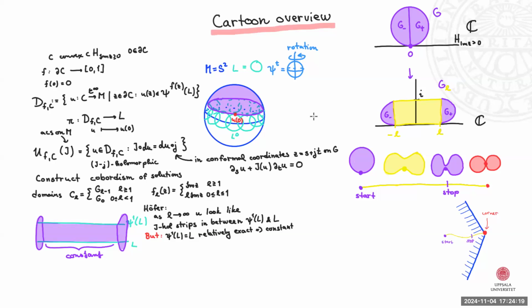Imagine that your symplectic manifold is just S2, your Lagrangian is a circle, and your Hamiltonian diffeomorphism is just a rotation along the axis. So it somehow rotates this circle around the equator. And your disk is this purple thing on the top.